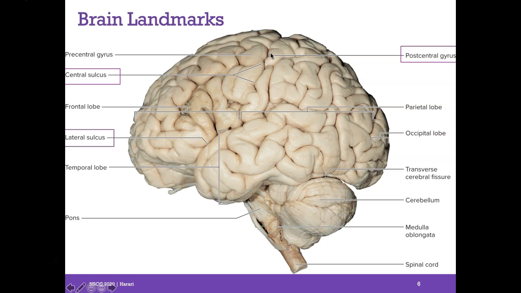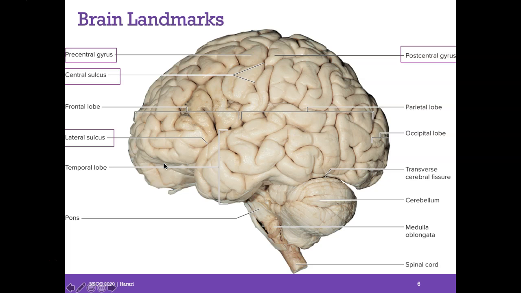So remember, the gyrus is a groove. So this is the post-central gyrus, and then you have over here the pre-central gyrus. And if you wanted to use anatomical terms, we can say that the pre-central gyrus is rostral to the post-central gyrus. But we wouldn't really say anterior and posterior or proximal distal.